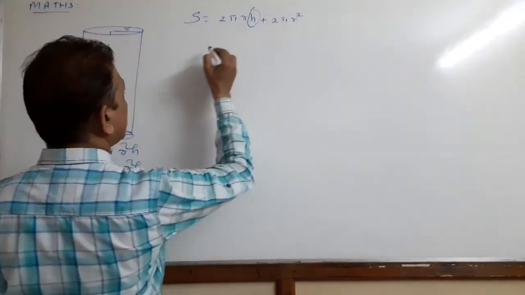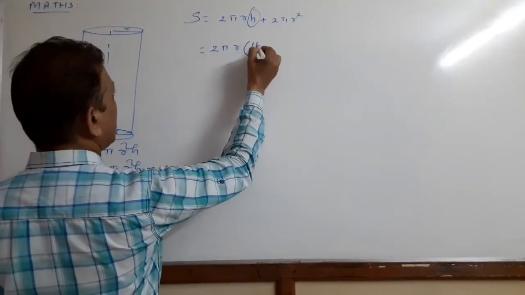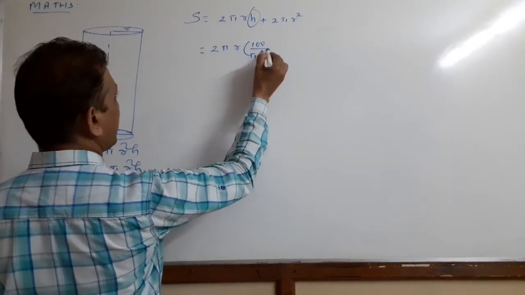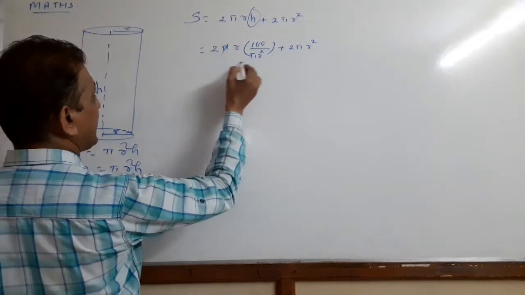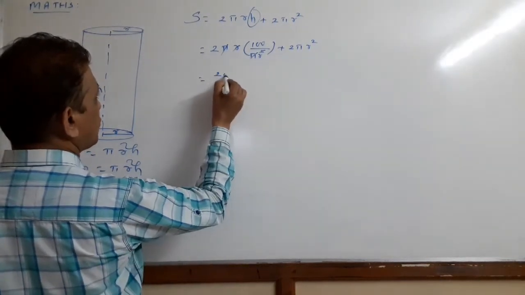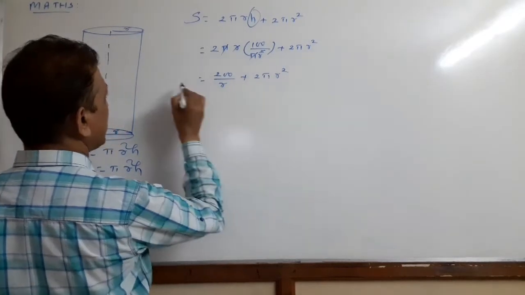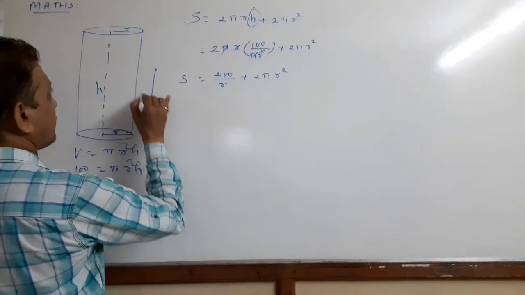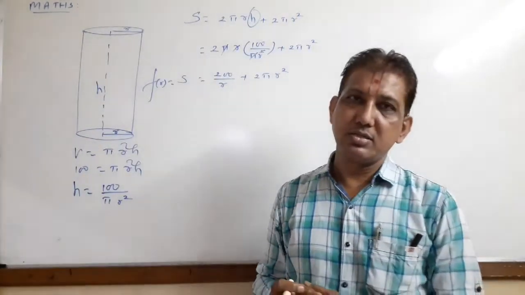Place here 2 pi r into 100 upon pi r square plus 2 pi r square. Pi cancels, r cancels. 200 upon r plus 2 pi r square. This is your function f(r), the original function.